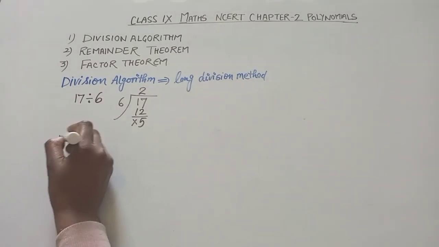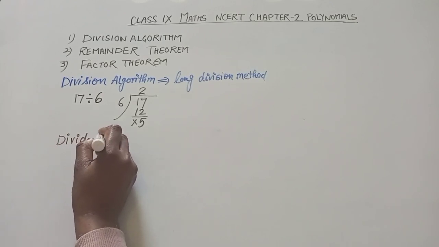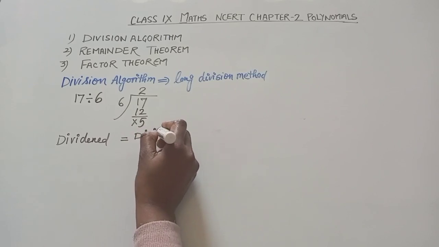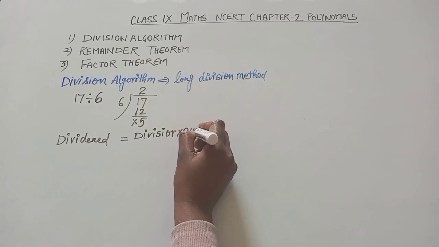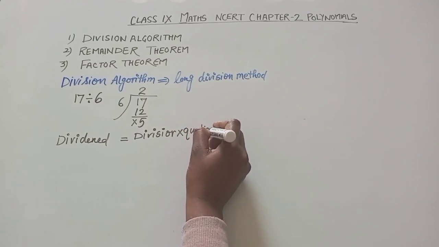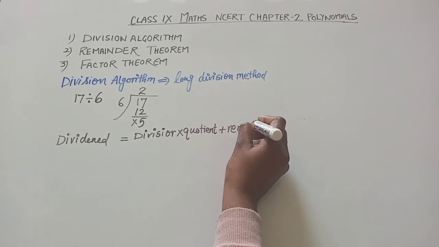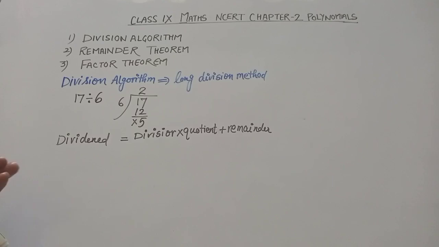Division algorithm says dividend is equal to divisor into quotient plus remainder.